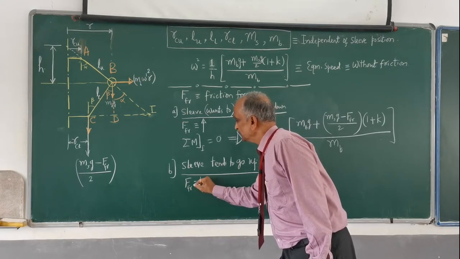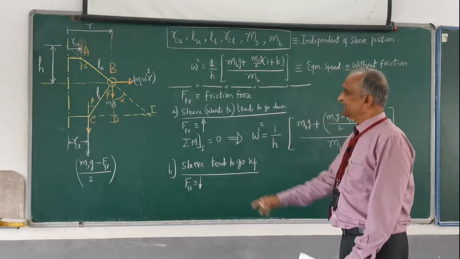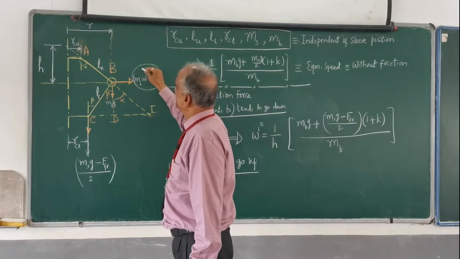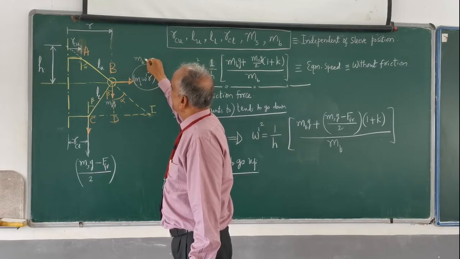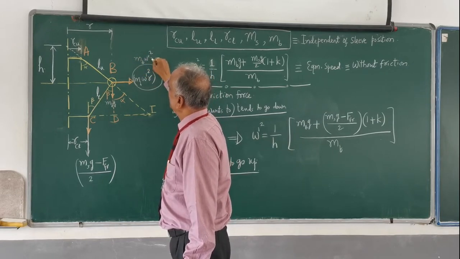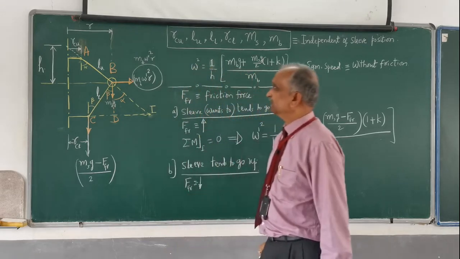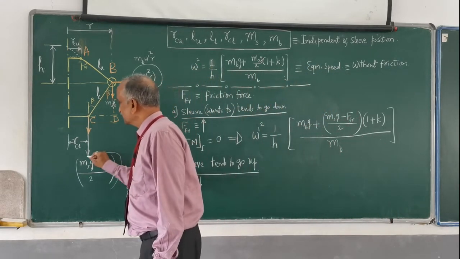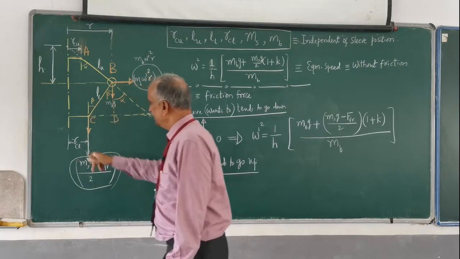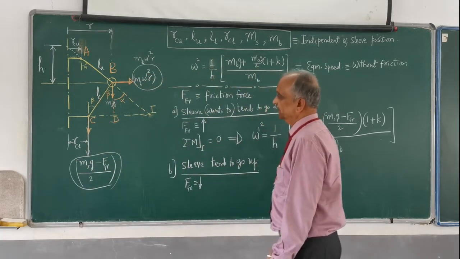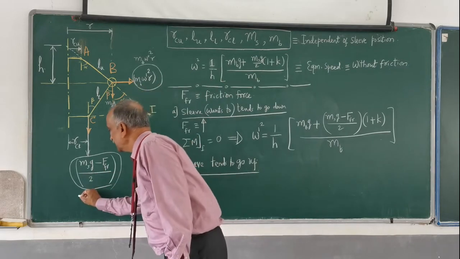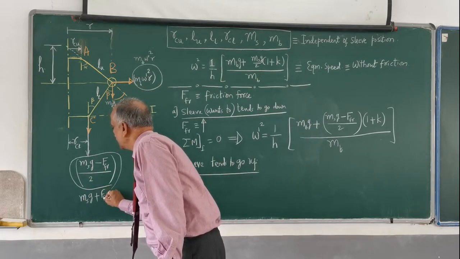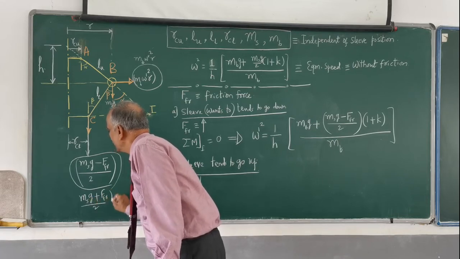Instead of omega dash, I shall assume the speed of the governor to be omega double dash, with centrifugal force mv omega double dash square into r. So that time the friction force is in the same direction as the weight of the sleeve, and the force is Ms into g plus Fr divided by 2.